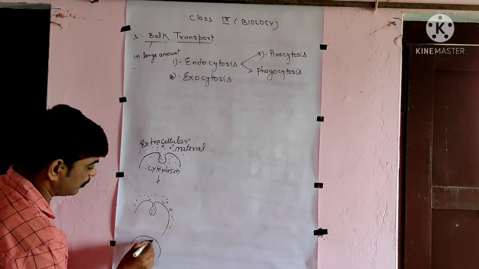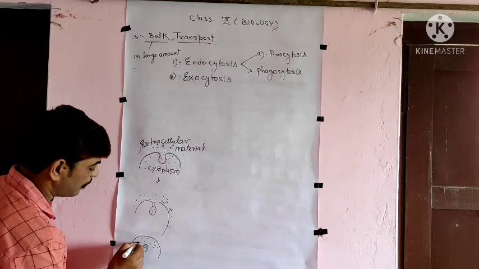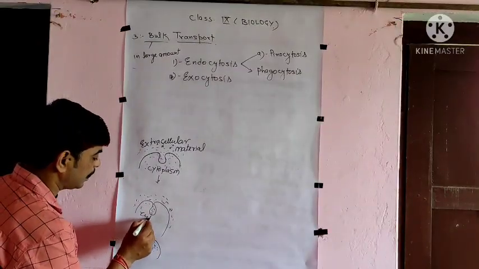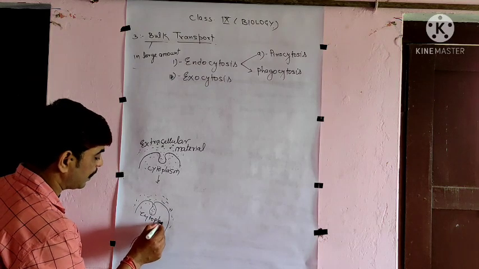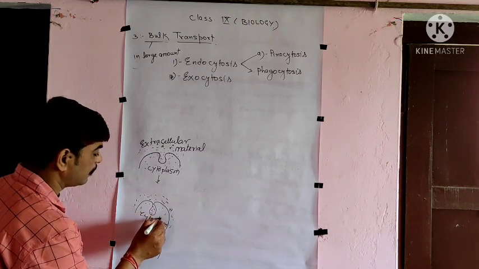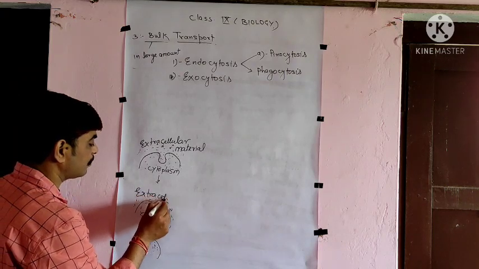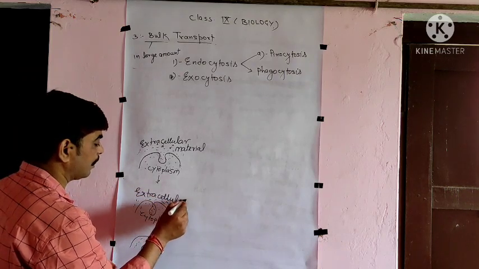vacuole-like structure. This is the outside structure. This is the cytoplasm area, the cytoplasm inside area, and this is extracellular. Extracellular means outside of the cell.